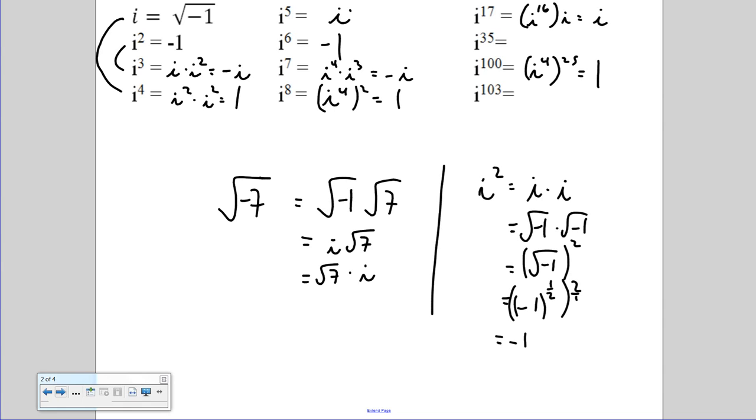Interestingly enough, if I can figure out how many 4s come out of that exponent, I know that i to that number is going to be 1. Then you're really concentrating on how many i's I have left over. If you have 1 i left over, you're just left with i. If you have 2 left over, it's -1. If you have 3 left over, it's -i.